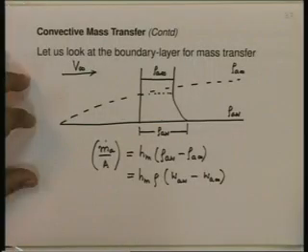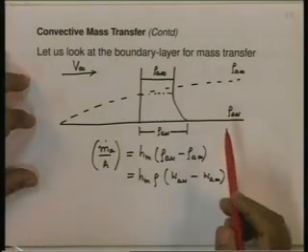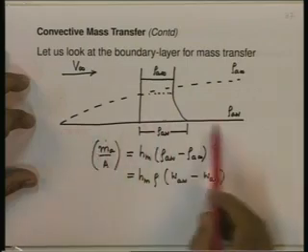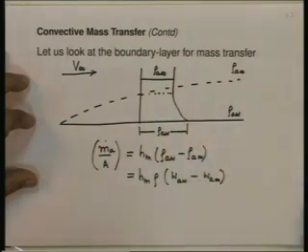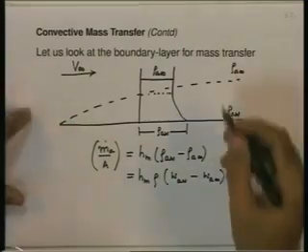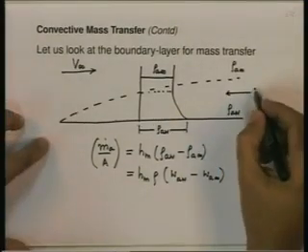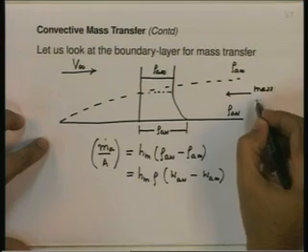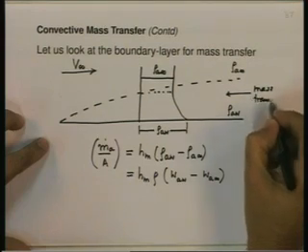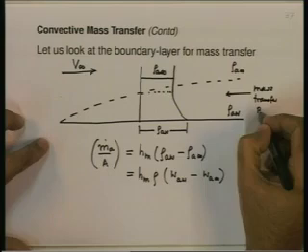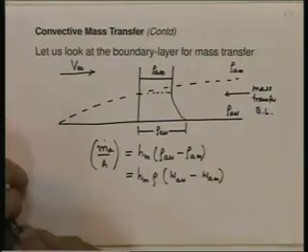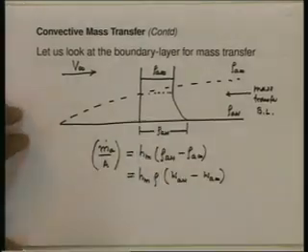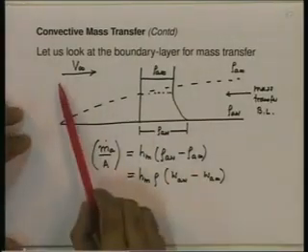We had just sketched this figure, in which on a plate we considered a mass transfer boundary layer. We had a flow taking place, free stream velocity V infinity.